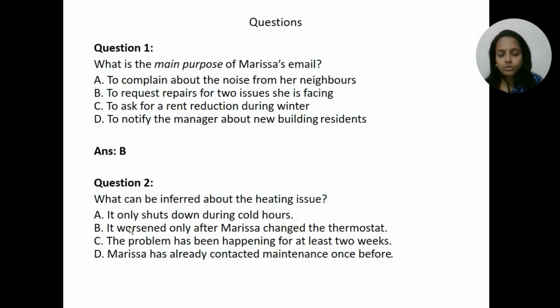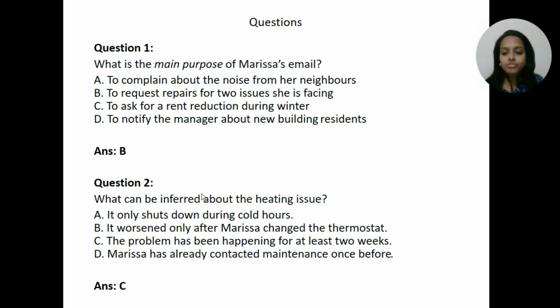And for the second question, what can be inferred about the heating issue? Four options are given here. You can just go through this and let me give you the right option. The correct option is option C, because she clearly says over the past 2 weeks. So we know it's been happening for that long.